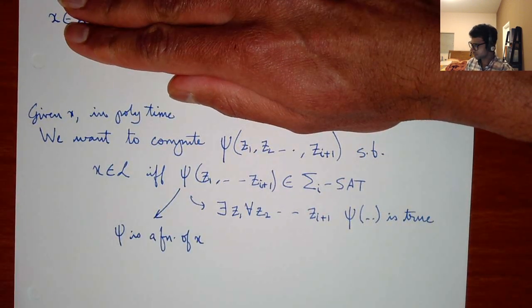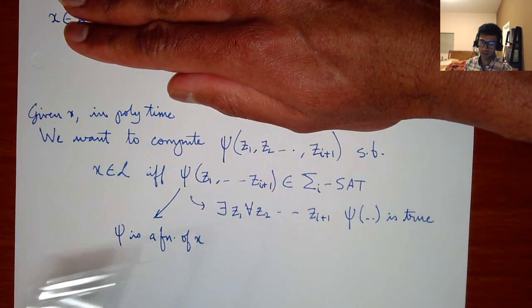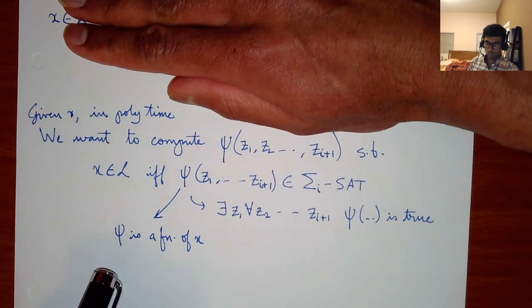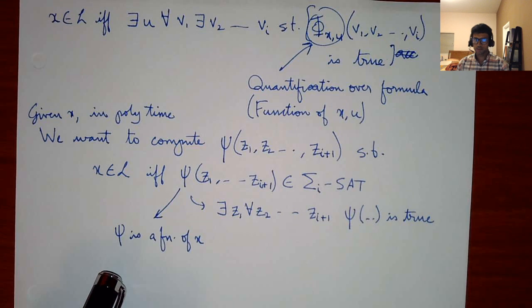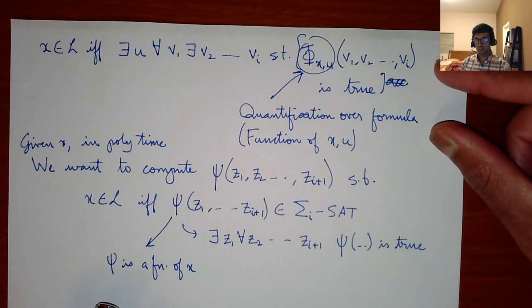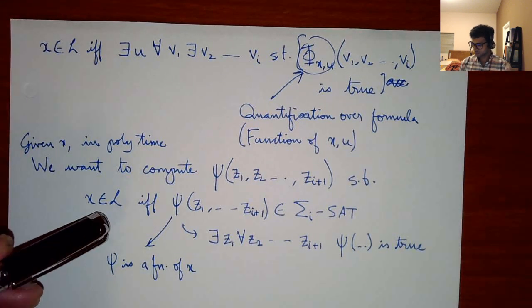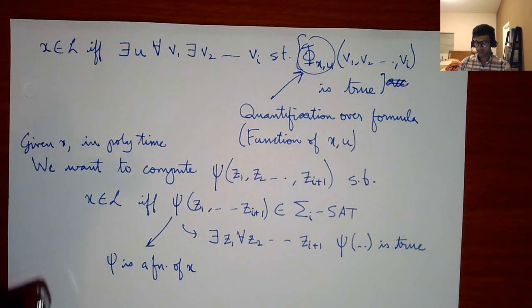If we could do this, then we have reduced L to sigma I plus 1 sat. So this is what we would like to achieve. What we have achieved through induction is what's given here. Now I want to go from here to here. Does that make sense now?